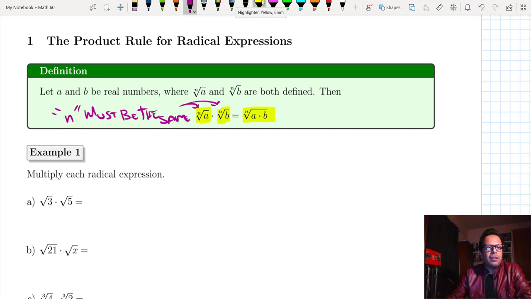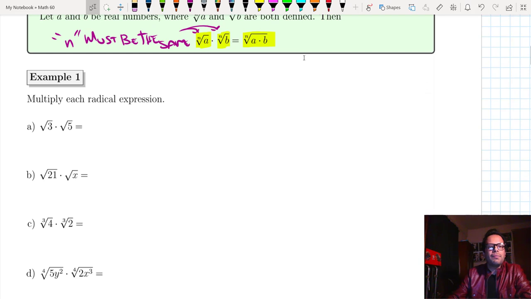Okay, let's look at a few examples. Let's start with easy, simple examples, and then we're going to move to harder, bigger examples. So in this case, notice when we don't have any number where the radical symbol is, it is assumed that we have a square root. The product of two radicals is the same as the radical of the product 3 times 5.